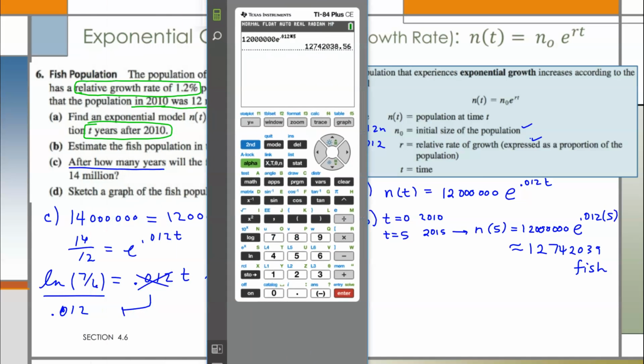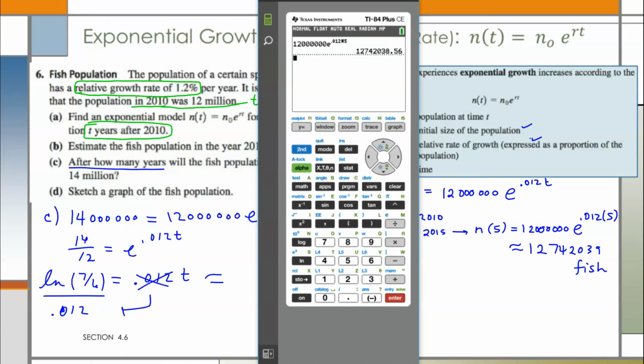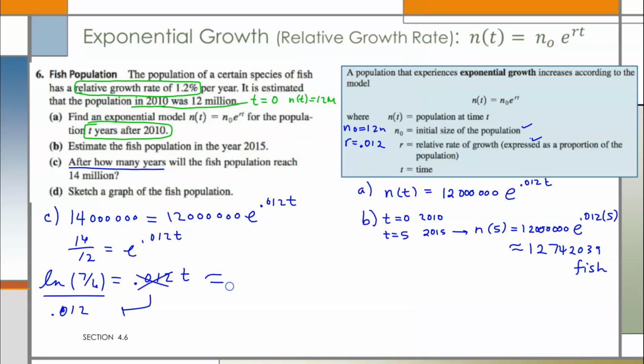Okay, so let's plug in. We've got the natural log of 7 over 6. We're going to divide that by 0.012, and it'll take about 12.85 years.